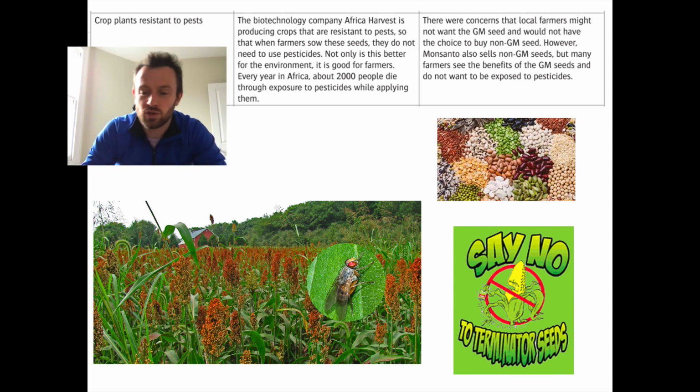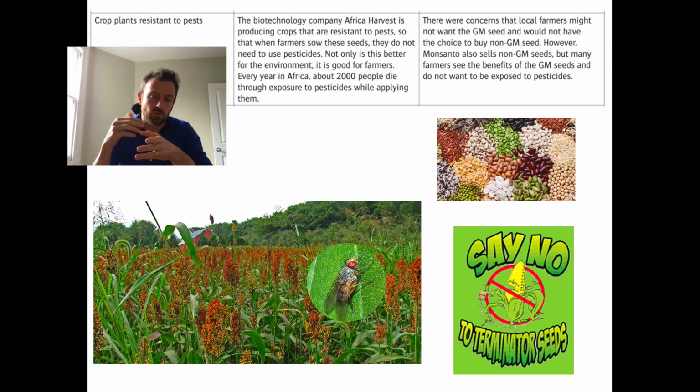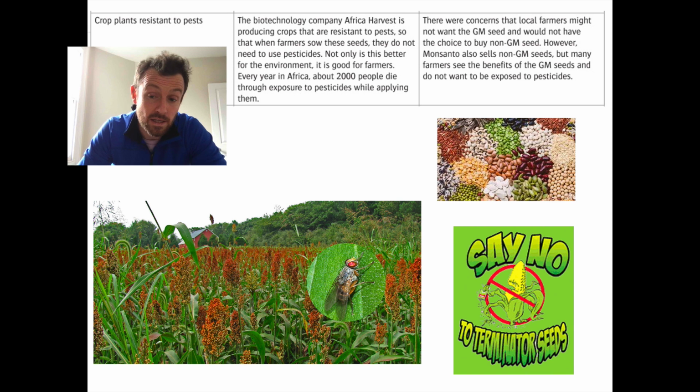This was called Terminator Technology. The science of it is a bit complicated, but it basically meant that self-fertilizing plants produced seeds that weren't viable, so you had to buy every year from the company. That was to protect their money stream. But this technology is not widely used anymore, because rightly there was a great debate about whether it was ethical.